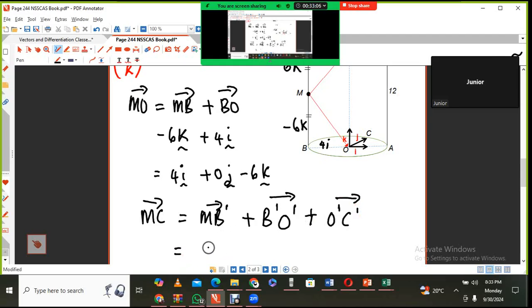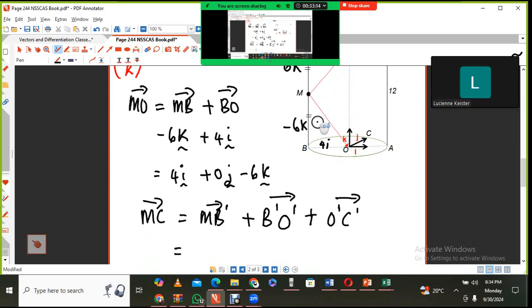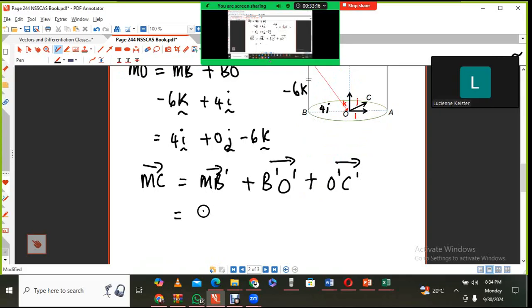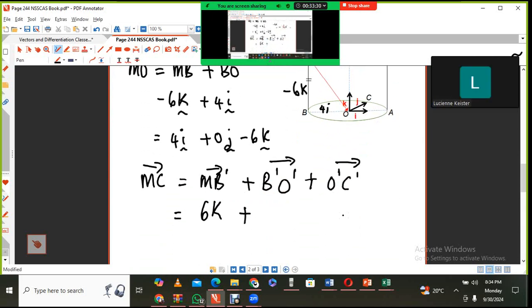Going from M to B, is it going to be positive? You agree? So that is 6k. Going from B prime to O prime is the same as going from B to O or O to A, which is 4i.